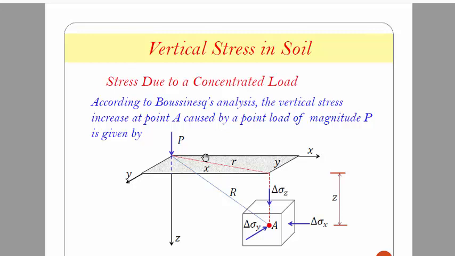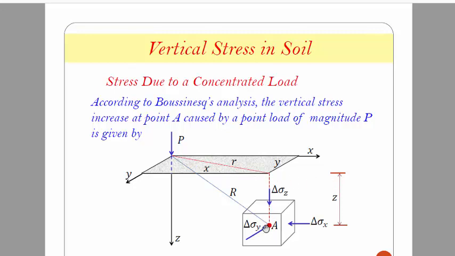Stress due to the concentrated load. According to the Boussinesq analysis, the vertical stress increase at a point A caused by a point load of magnitude P is given by the following. This is the y direction, this is the x direction, this is the z direction. P is a concentrated point load, a single load acting in this direction, z is the depth, and the radial distance is r.